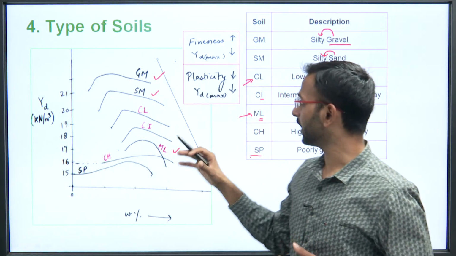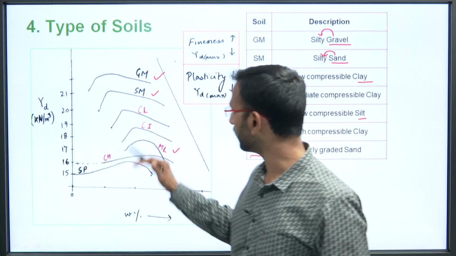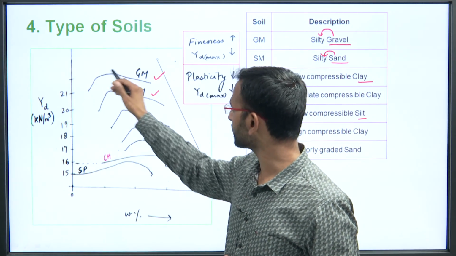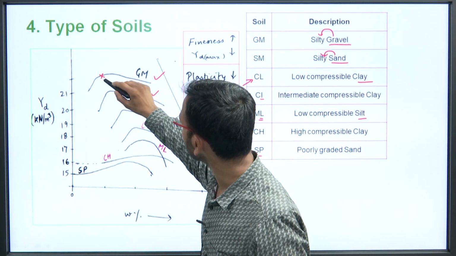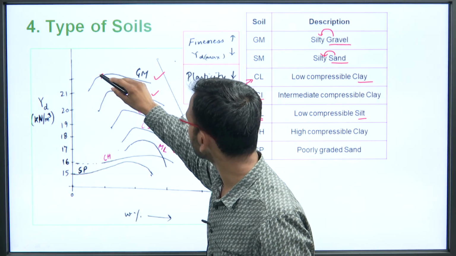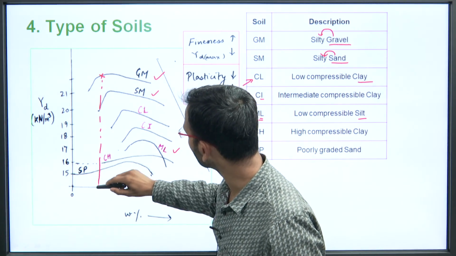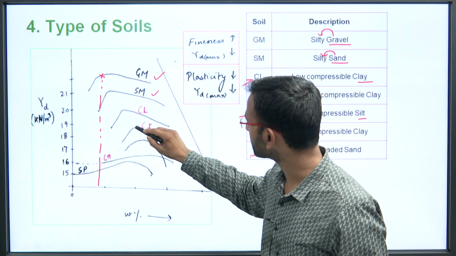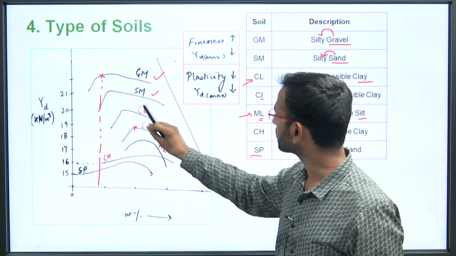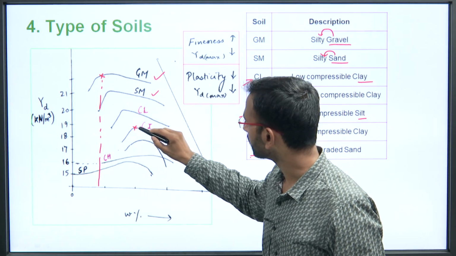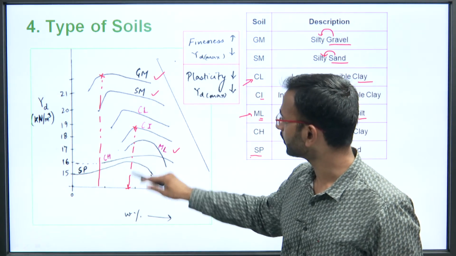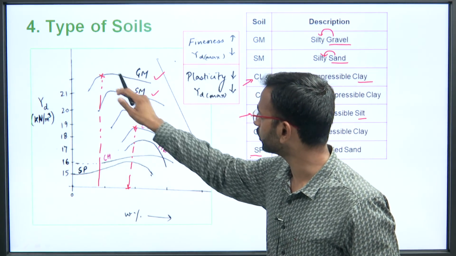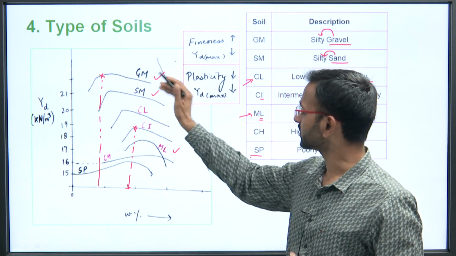See here, we have observed these few values. For GM and SM this is a much higher value, and the OMC for GM is at a somewhat lower content. But if you talk about CI, the clay which is much finer in nature, the fine soil has more OMC compared to the gravel which contains some silt.